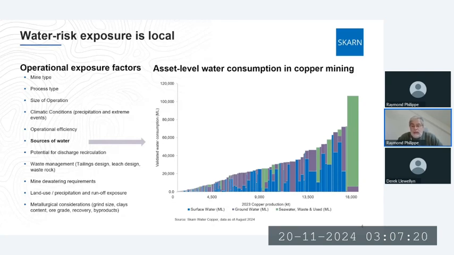And as you might expect, not every type of water has the same climatic exposure or the same exposure to, for example, social risk or environmental risk. That is a very important consideration when you calculate the associated financial risks afterwards.